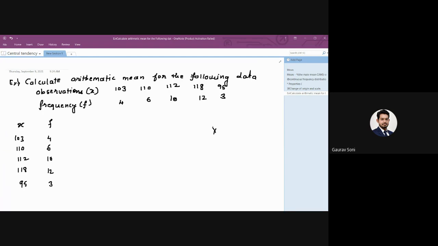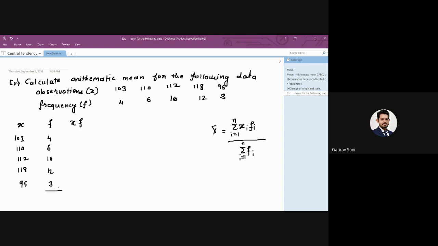What is x bar? x bar is equal to summation xi fi, i running from 1 to n, upon summation fi. Look, this is the trick. Whatever entries of summation are there, the same columns you need to make. So I have summation xi fi, so I'll make the column x into f. I need summation fi, so I'll make a column of f. It is already there.